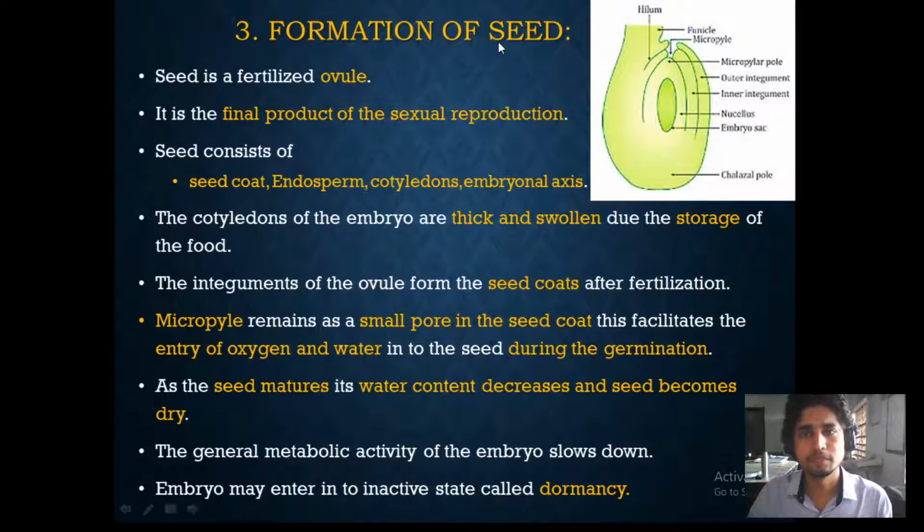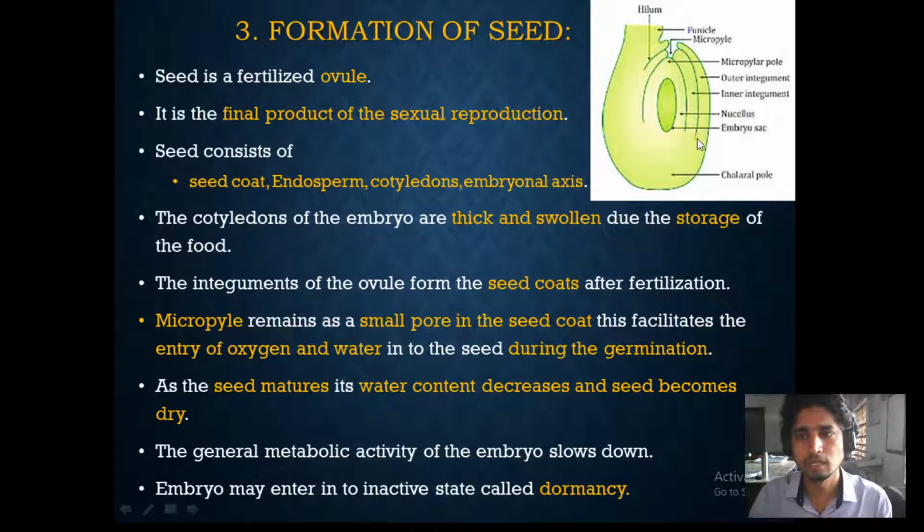Before understanding the seed structure, we are going to understand the structure of the ovule, because the same ovule forms the seed after fertilization. If you see the structure of the ovule, we have to remember some of its structures. Those are integuments.